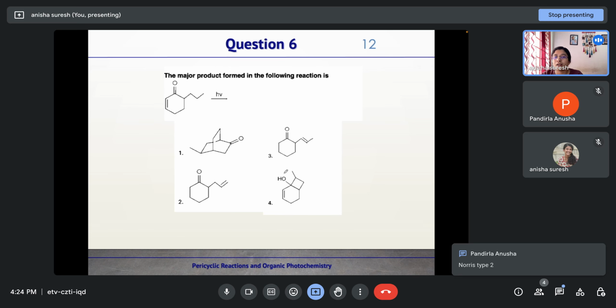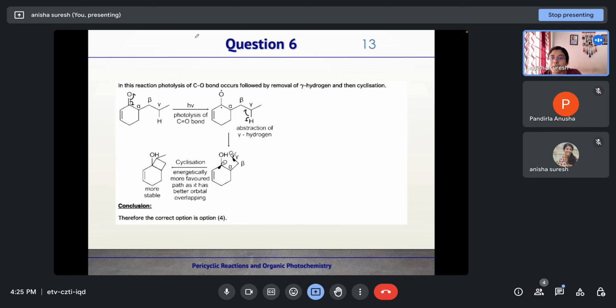So the diradical that will be forming at the ketone, it will be abstracting the gamma hydrogen, leading to further reactions. So we can see in this reaction, photolysis of the CO bond occurs, followed by removal of gamma hydrogen and then cyclization.